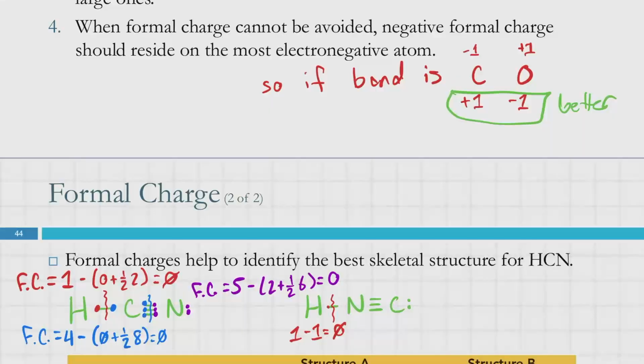And then we would look at nitrogen next, and we'll do nitrogen in purple again. Nitrogen likes to have 5, and it's got 1, 2, 3, 4, because it's taking half of each of those bonds. So it's going to have a +1 formal charge.